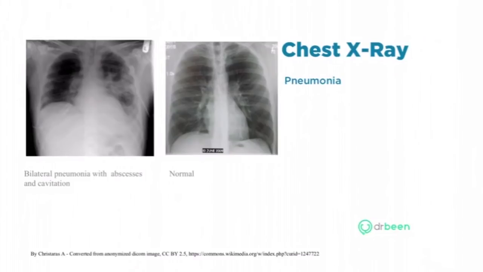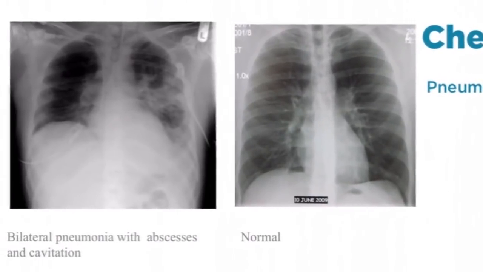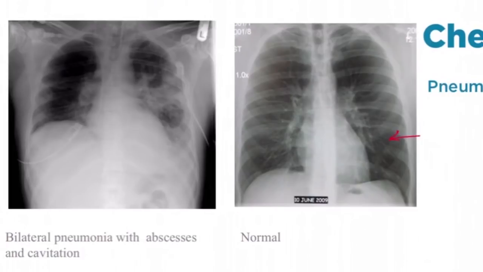Look at this x-ray as well. So once again, if I make it bigger, this is the normal chest x-ray. And here if you see, look at this infiltration or consolidation. And here, this whole lobe is actually involved, but do you see this little abscess here? This area has an abscess.